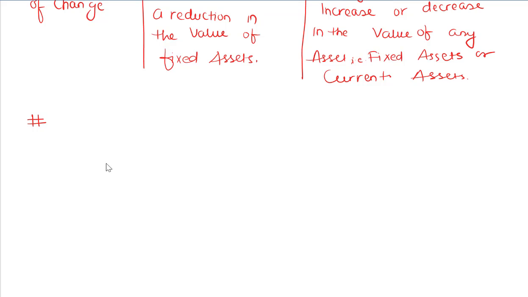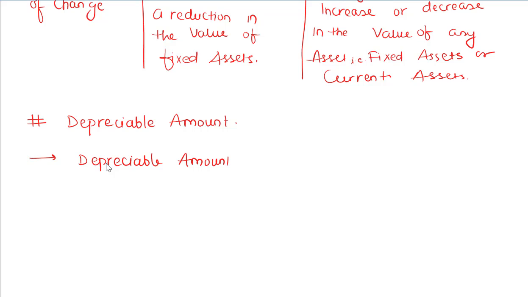Let's get to the next topic, and that is calculation of depreciable amount. Just write over here depreciable amount. Just try to understand this. Depreciable amount is determined as under.